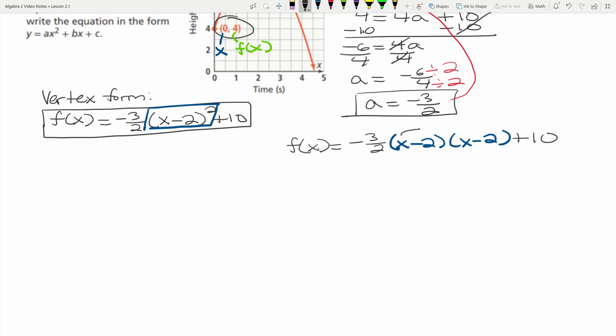Okay, so this is going to be a FOIL. So we got negative 3 halves times, so x times x is x squared. X times negative 2 is negative 2x. Negative 2 times x is negative 2x. And negative 2 times negative 2 is positive 4.